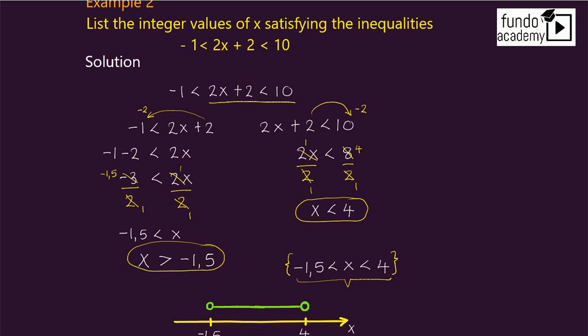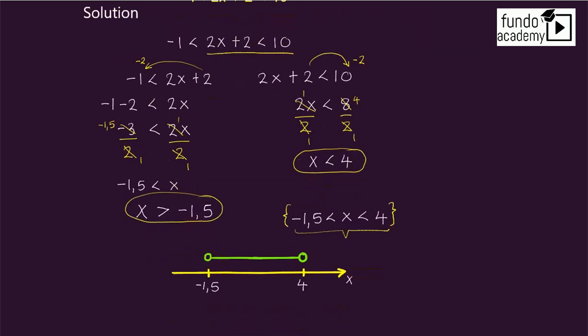So this will come out as -1, 0, 1, 2, and 3. These are the integer values that are within our solution set. From -1.5, we've got -1, 0, 1, 2, and 3.